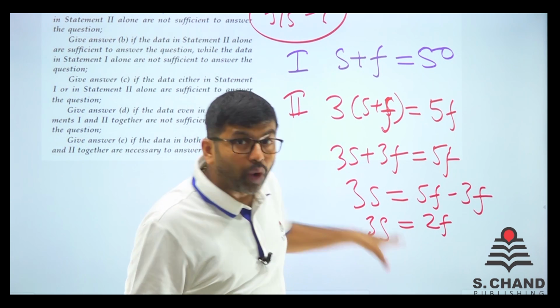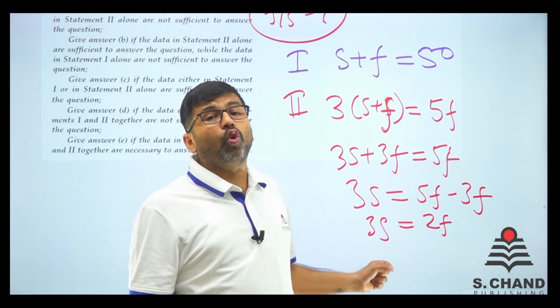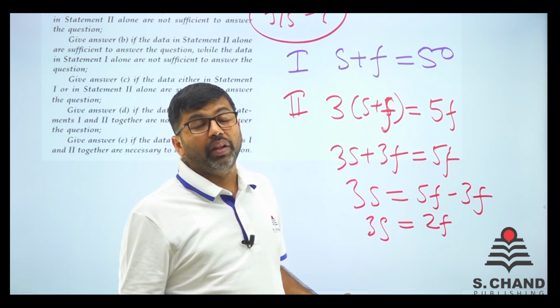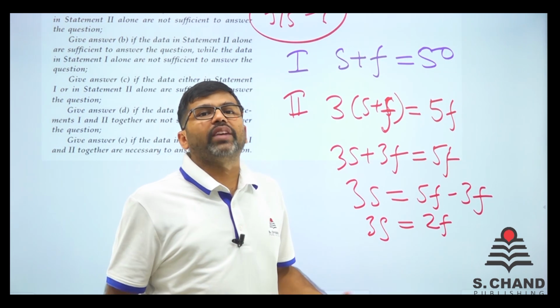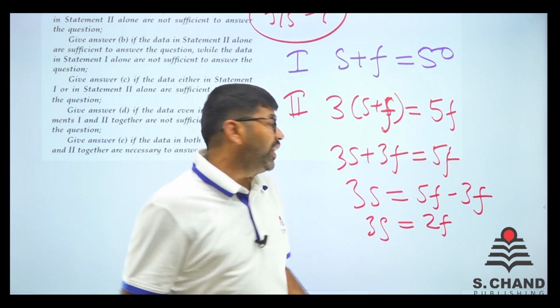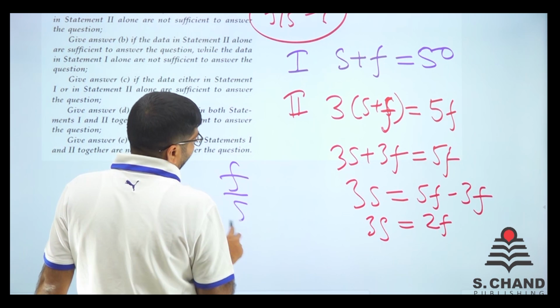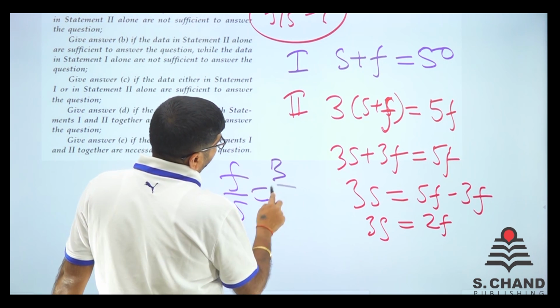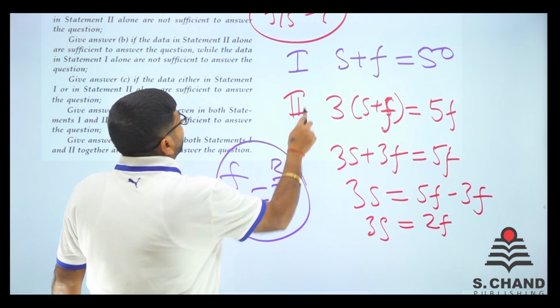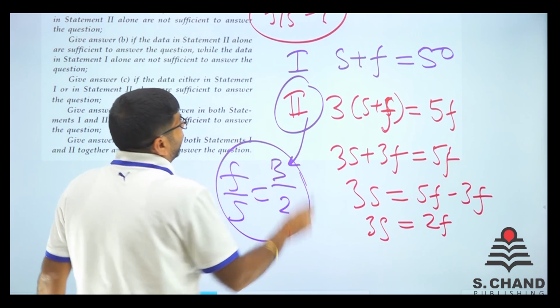If you look at it carefully, there is no single number without S और F. कोई भी ऐसा नंबर नहीं है जो S और F के बिना है. जब वो नहीं है, एक सिंपल सा काम कर लीजिए आप. F upon S is equal to 3 upon 2. यही रेशियो पूछा था जो ओनली सेकेंड से आ जाता है.